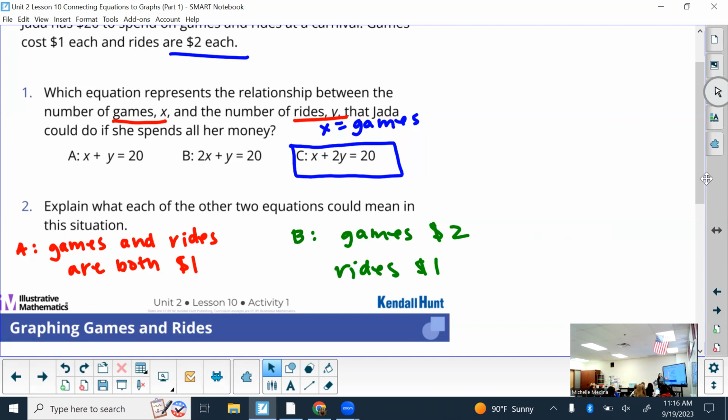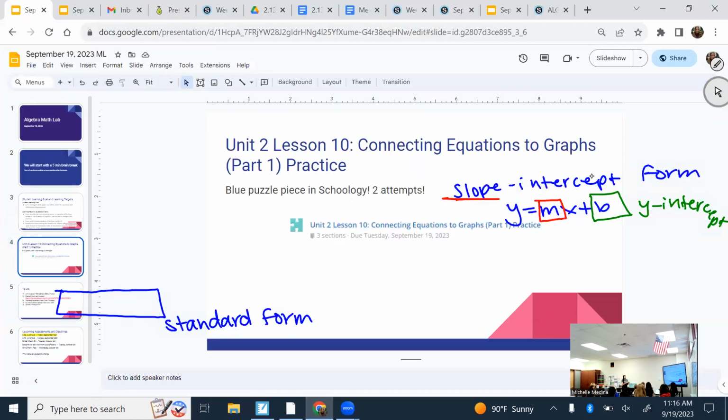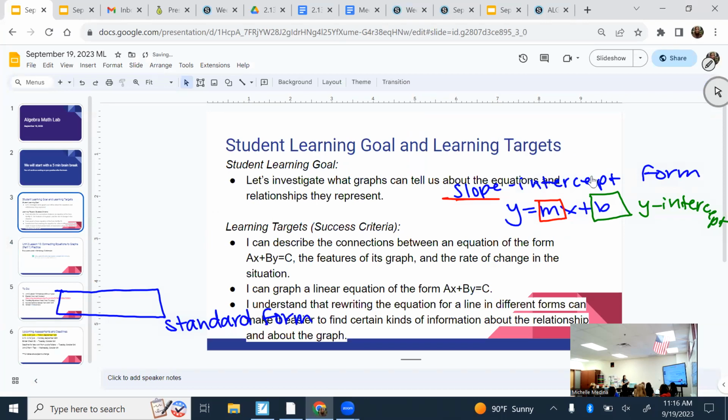But if they're talking about like how much something costs and the total of it, it's probably going to be something like this. Okay, so the relationship you could see is like how much the games cost, how much the rides cost, what's the total spent. That's what you can see from standard form versus slope-intercept form where you can see the slope and y-intercept. So that's like what I was going for.